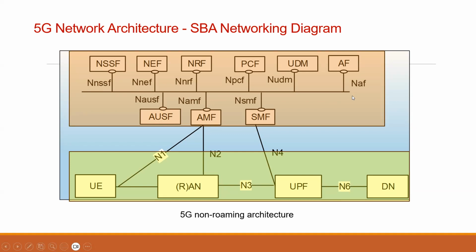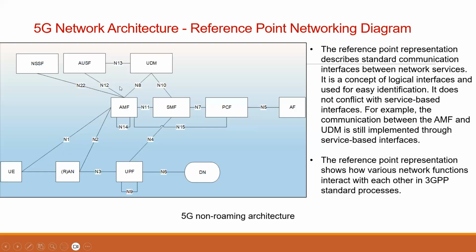We're going to have a detailed discussion of what is SBA and SBI. The main difference to note right now is that the actual communication takes place on these SBIs in your control plane.